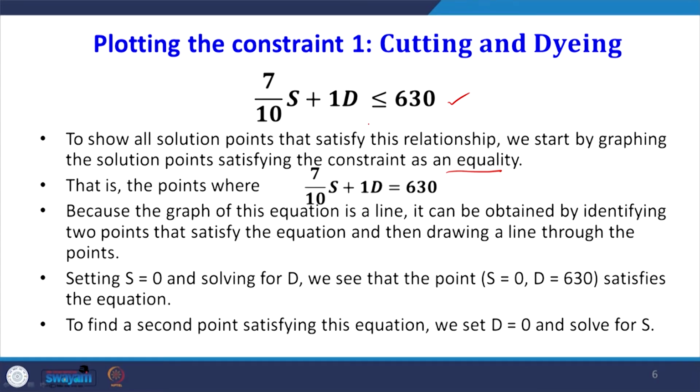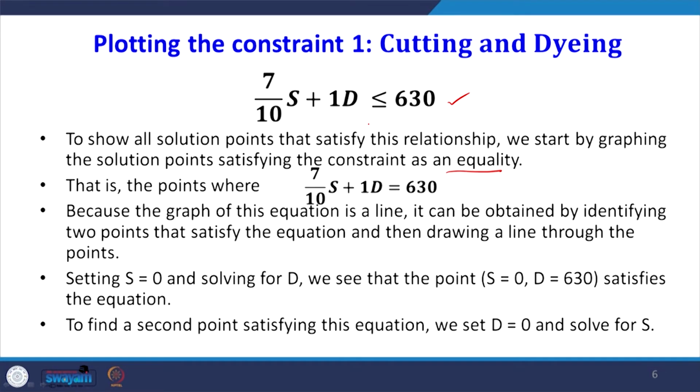Even though the less than or equal to sign is there, we will consider the equal to sign. So, that is the points where 7/10 s plus 1d is equal to 630. Because the graph of this equation is a line, it can be obtained by identifying 2 points that satisfy this equation and then drawing a line through the points.